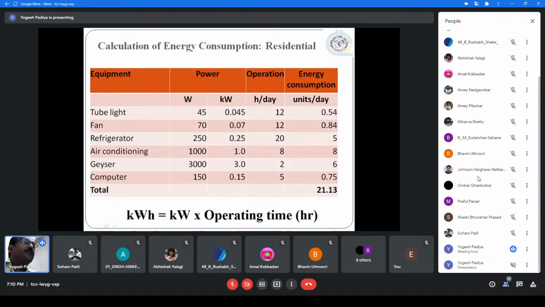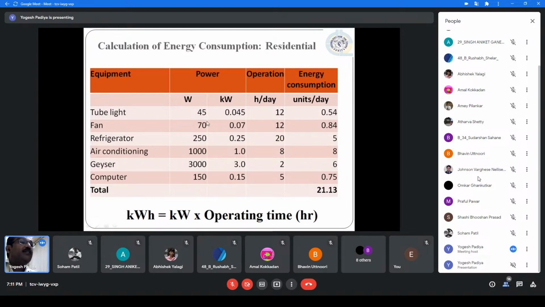That becomes kilowatt hour. 1 kilowatt hour means 1 unit. So if a geyser having a load of 3 kilowatt runs for 2 hours, then 3 into 2 becomes 6. It means a geyser running for 2 hours in a day will consume 6 units per day.